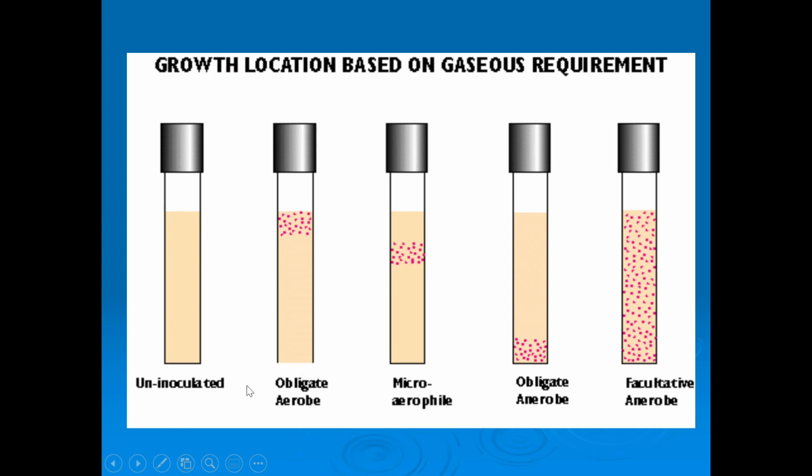But if it's an obligate aerobe, it wants oxygen, then it will grow, but only at the top where there's oxygen. It's not going to be able to penetrate. Then a microaerophile will want a little bit of oxygen, so it's not going to grow at the top, but it will also not be able to penetrate down and grow down here because there is no oxygen. It's only going to be able to grow in this little sweet zone right here.